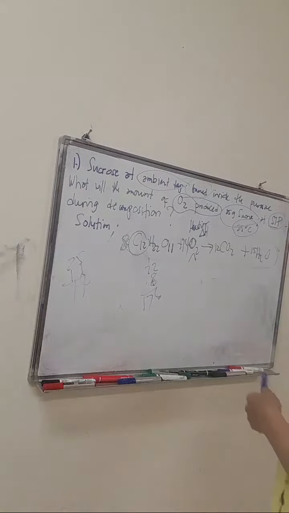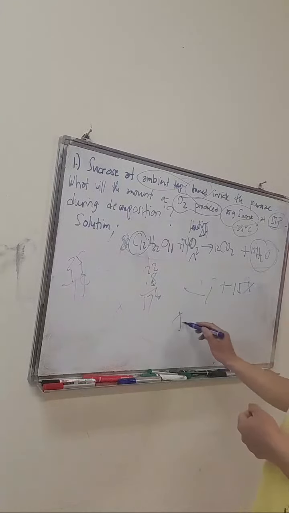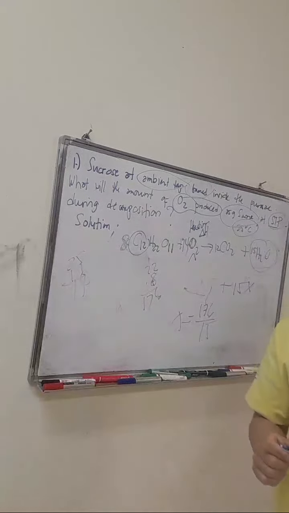Ang laki na. Okay? And then we have also the water here. 176. Okay? So, pila man siya? Okay, 176, 15. So, 15x. So, x is 176 divided by 15. Pila ni siya, guys? Fractional form.